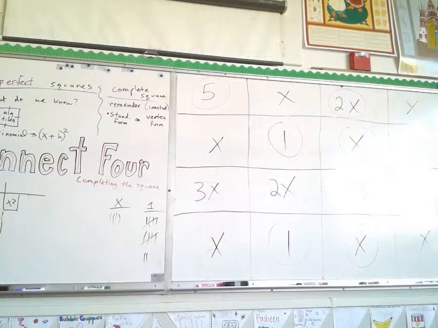We have 4 X's. You are correct. Making a perfect square.